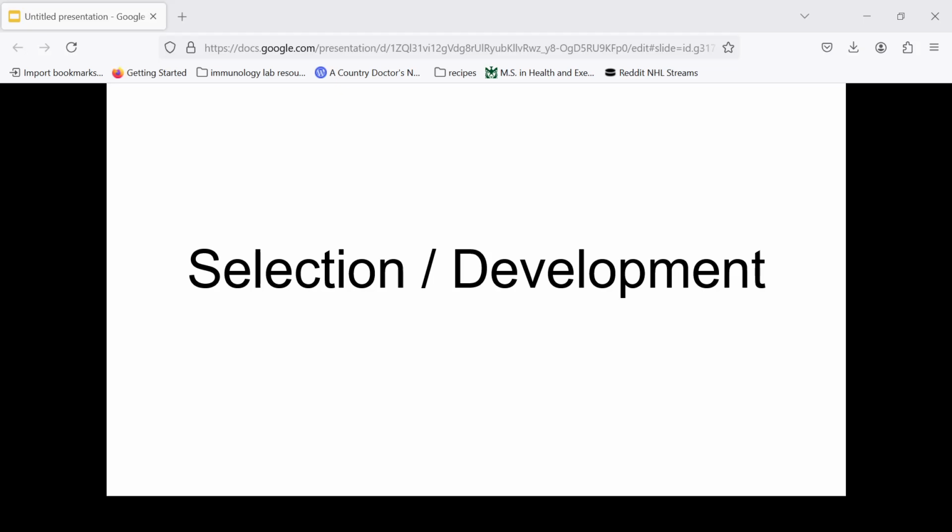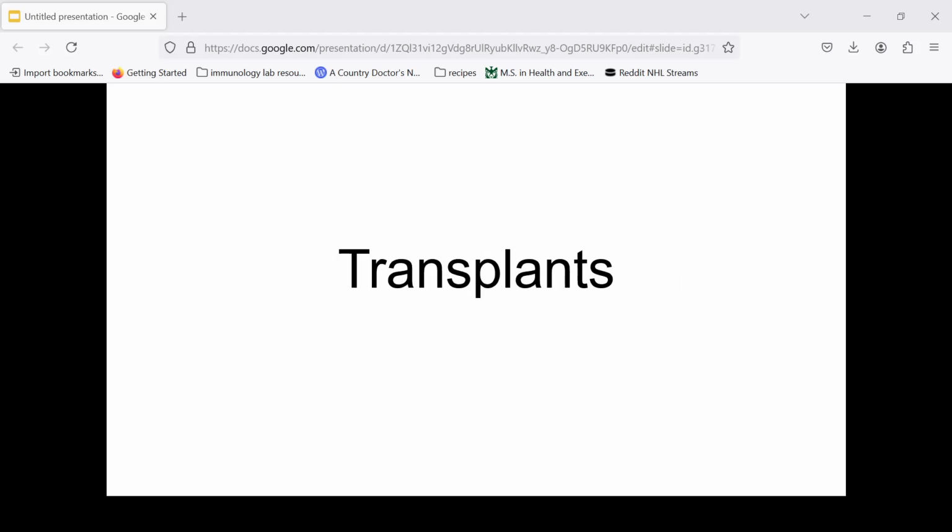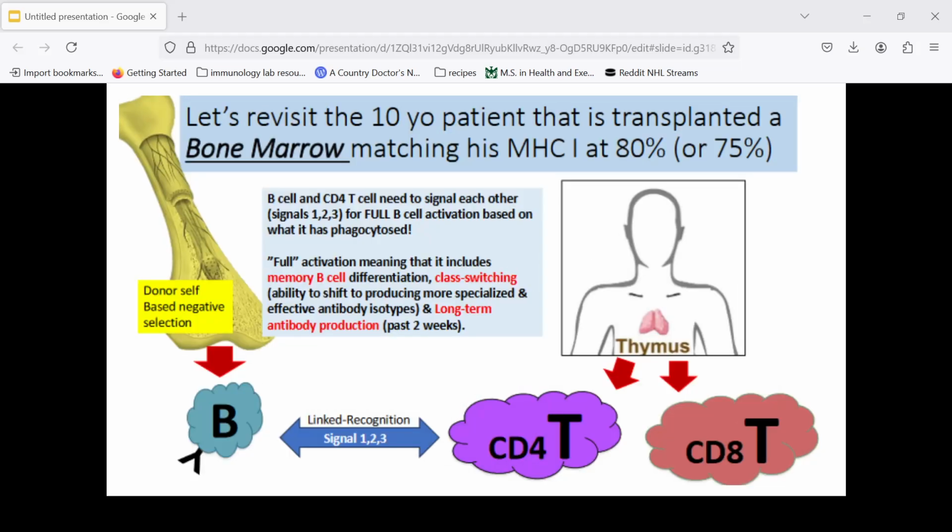How do we feel about transplants? Let's just go through some transplant stuff and see how we do on these questions, and then we can discuss it further. I would say it's pretty likely that she asks a transplant question that is going to try and challenge you a little bit.